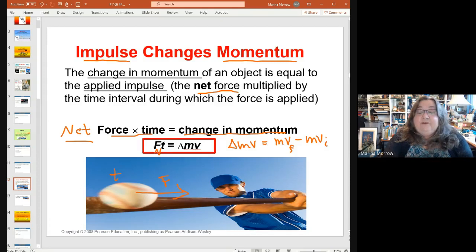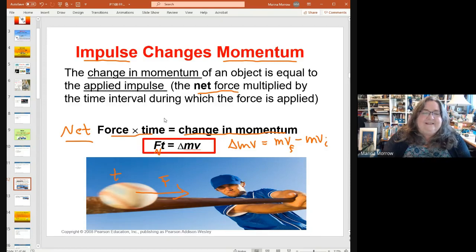Now, if you apply a big force and keep your bat in contact with the ball for a long time, then maybe you've got a home run. Okay, if you only apply a small amount of force, just enough to really bring the ball to a stop, then that would be maybe like a bunt. You're just bringing the ball to a stop, basically. And so those are useful too.